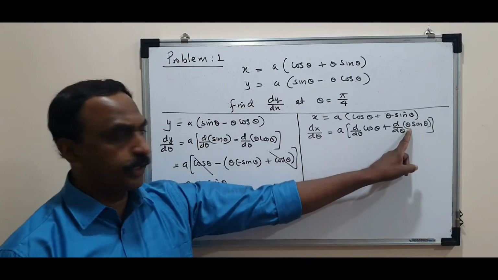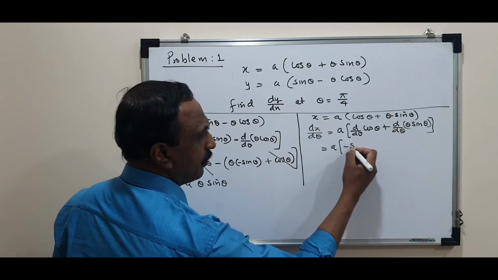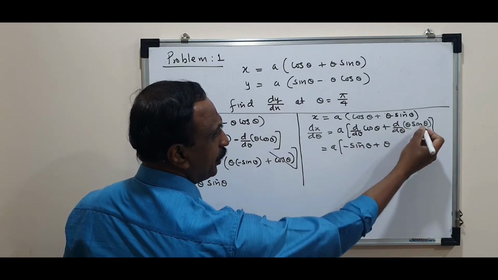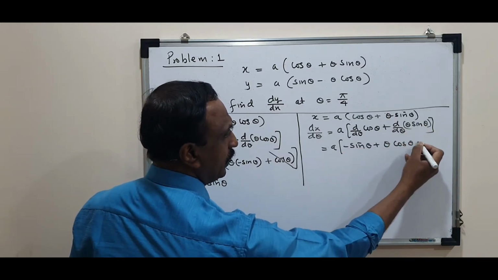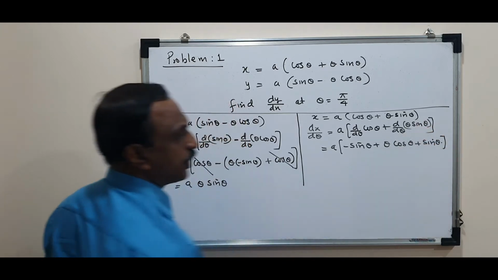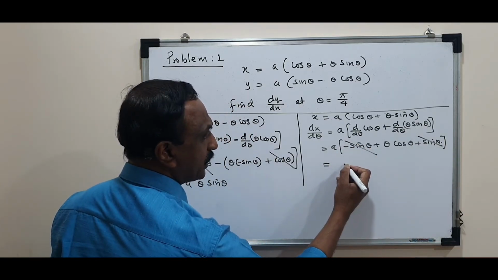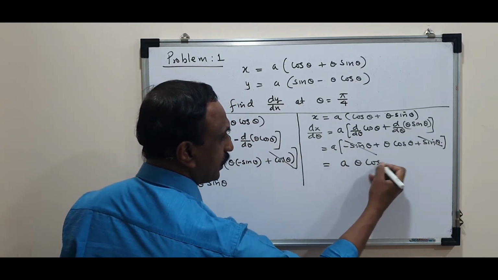Now you need to apply product rule here, and here you can directly differentiate and write the answer directly. Minus sin theta plus theta into derivative of sin theta is cos theta plus derivative of theta is 1 times sin theta. So I'm not writing that. So again sin theta will get cancelled, and I got the answer a into theta cos theta.